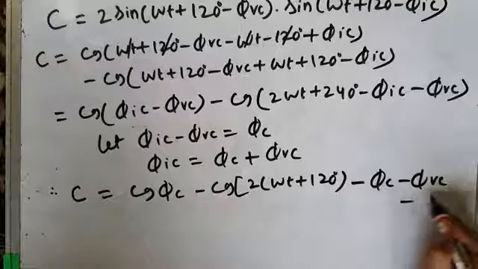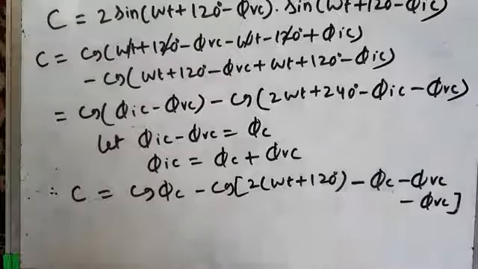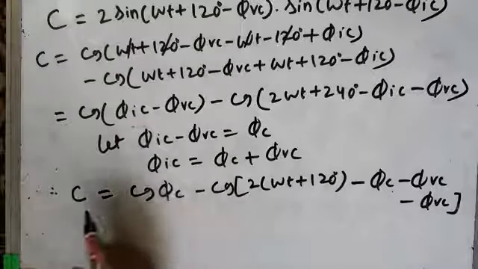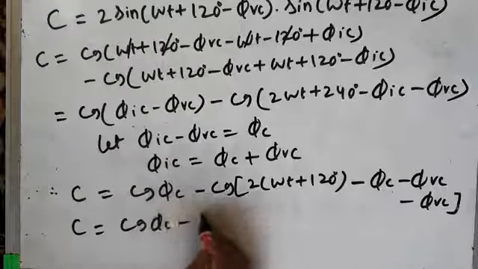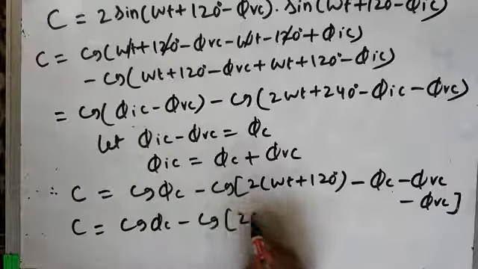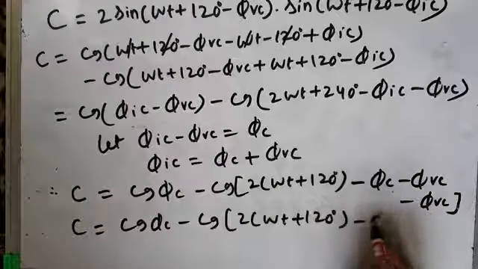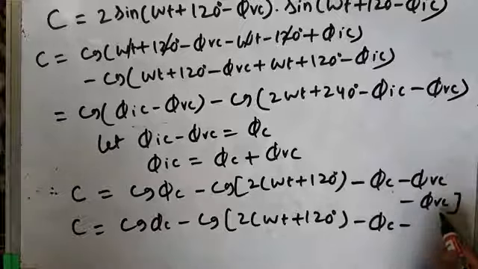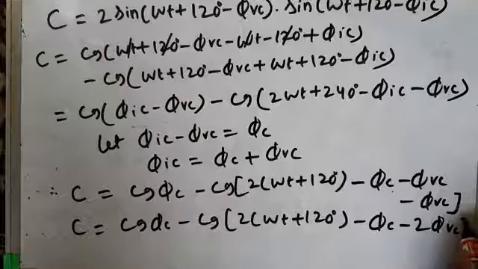Then it has its own minus phi vc. Now c is equal to cos of phi c minus cos of 2 times omega t plus 120 degrees minus phi c, minus phi c minus phi vc is 2 times phi vc.